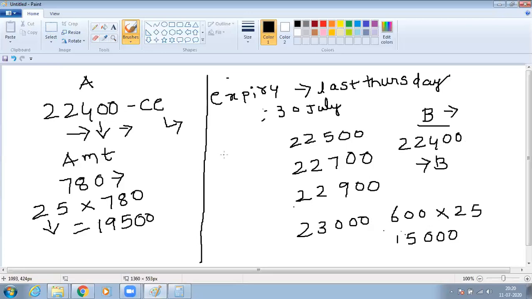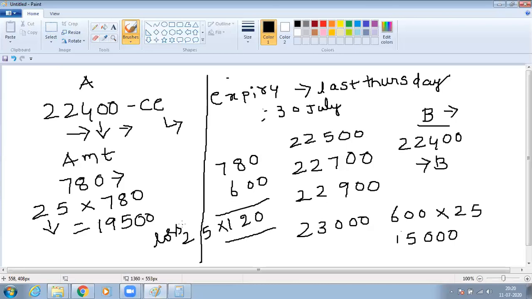But we have already paid 780 rupees, right? Though we got profit, still we are in loss of 120 into 25. Lot size is 25. When you will get profit, we will see now.